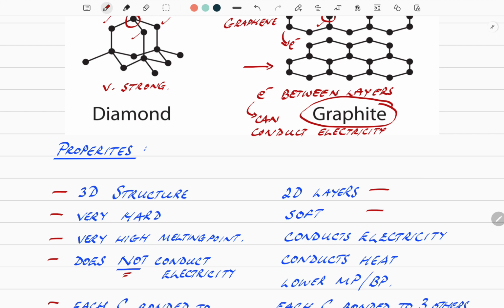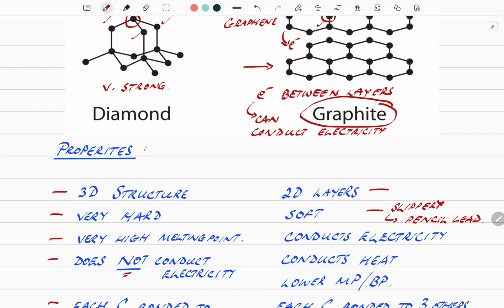And remember, the layers are slippery. They can slide over one another, and that's why it's used in pencil lead. Pencil lead, what you write with, is actually made up of graphite. So it's layers of graphene that you're putting on the paper every time you use a pencil.